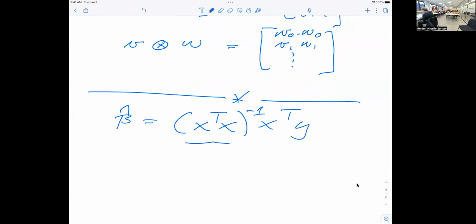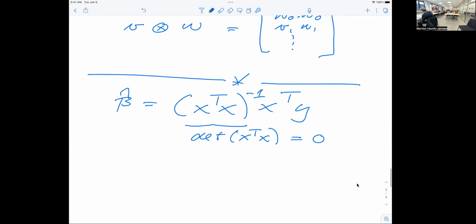So the problem we face is that if the determinant of this matrix is 0, then we cannot perform the inversion. So we can have the determinant of X transpose X equal to 0, which means that there's at least one eigenvalue which is 0, and we cannot calculate the inverse. So then we have problems. So this nice and neat algorithm, we can't use it.